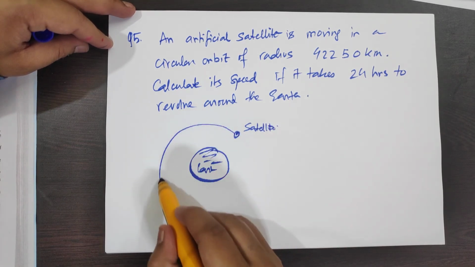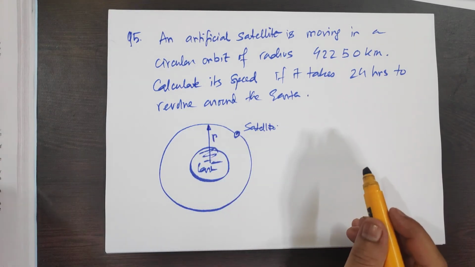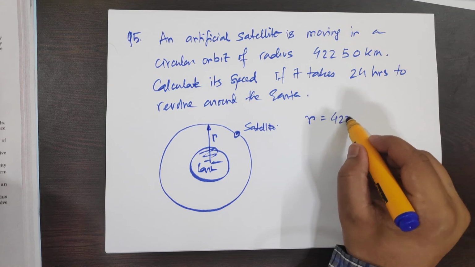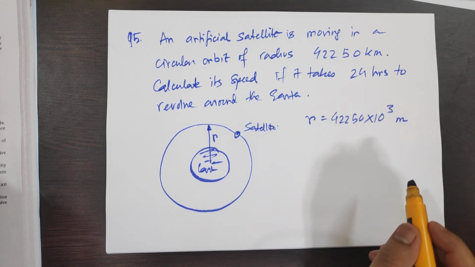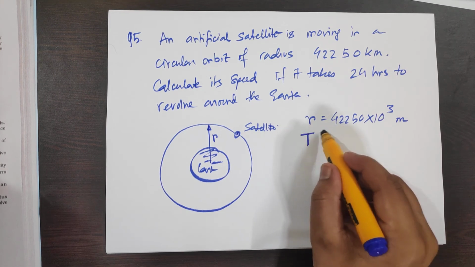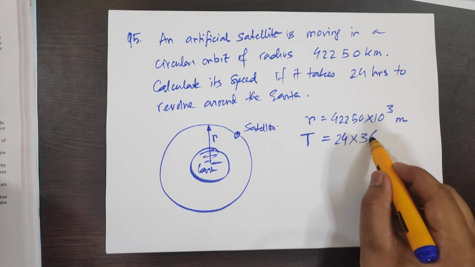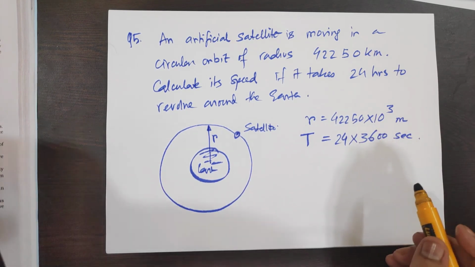Okay, so the radius is given as 42250 into 10 to the power 3 meter, and the time period is given. Time period is 24 hours, as 24 into 3600 seconds. Calculate its speed.